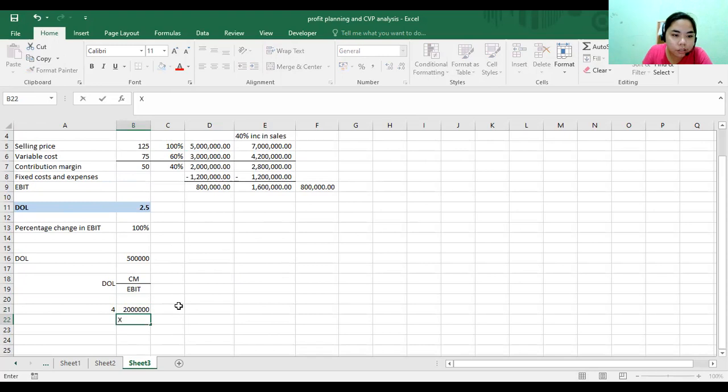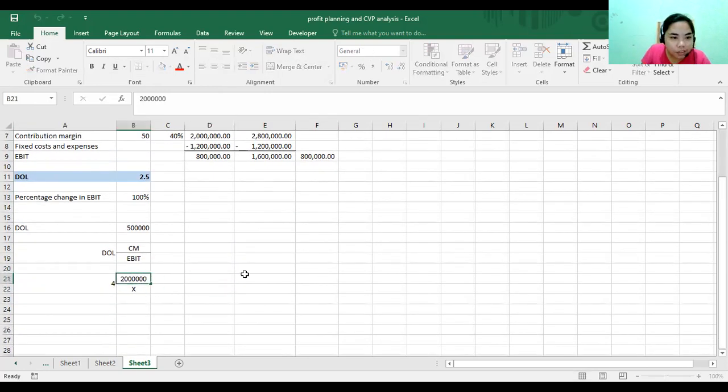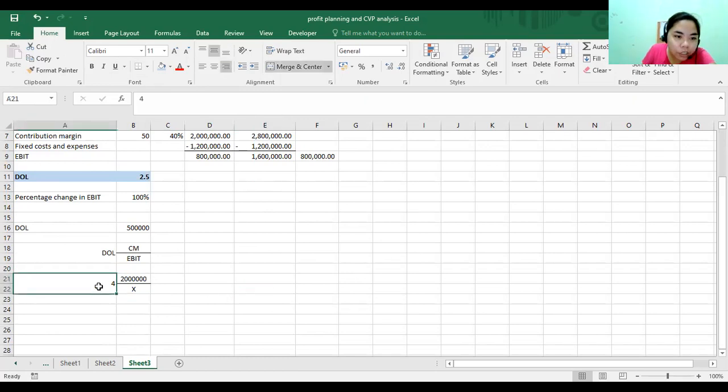For your DOL, CM is 2 million and EBIT is X. In algebra, we cross multiply.